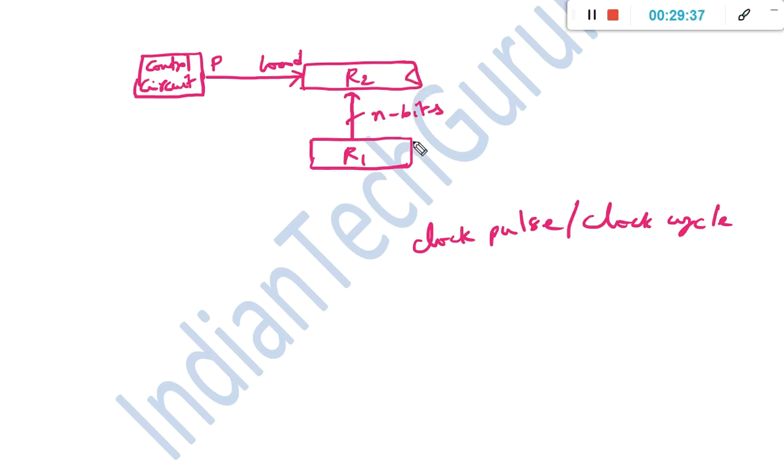So that timing signal will also be there. During one clock pulse, we are going to perform this operation, and this clock pulse is intimated to the control circuit.